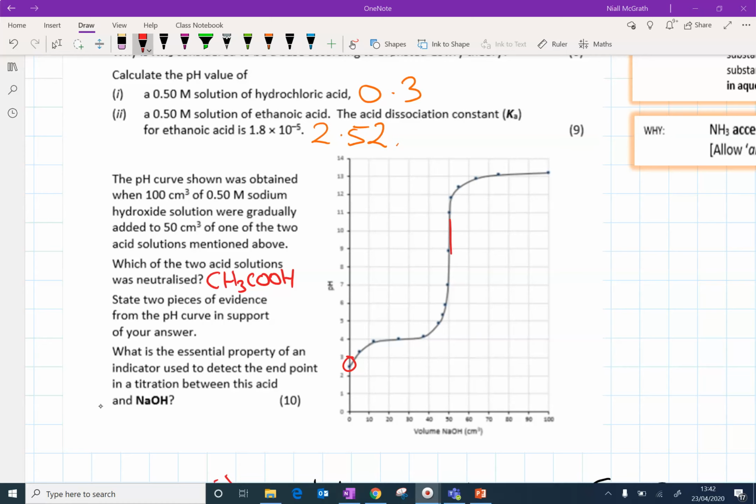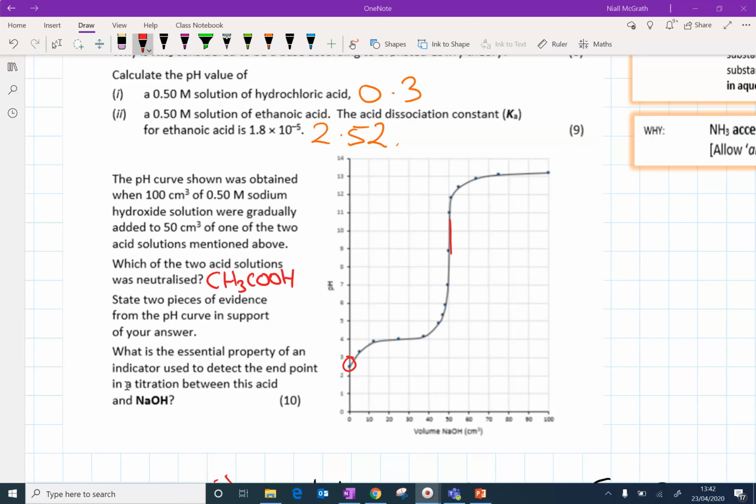Another piece of evidence that we have is that the vertical line in the center of your graph, most of that line is actually above the pH of 7. So we're titrating a weak acid, ethanoic acid, against a strong base. If we were titrating a strong acid, hydrochloric acid for example, against the NaOH, there would be about an equal amount of that vertical line above and below 7.